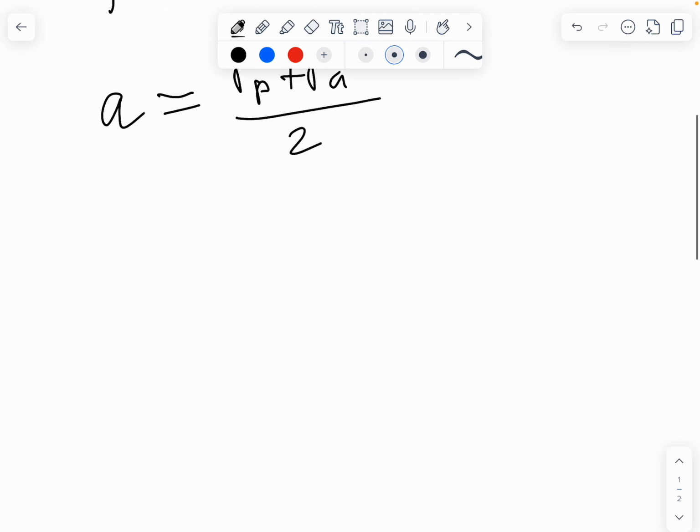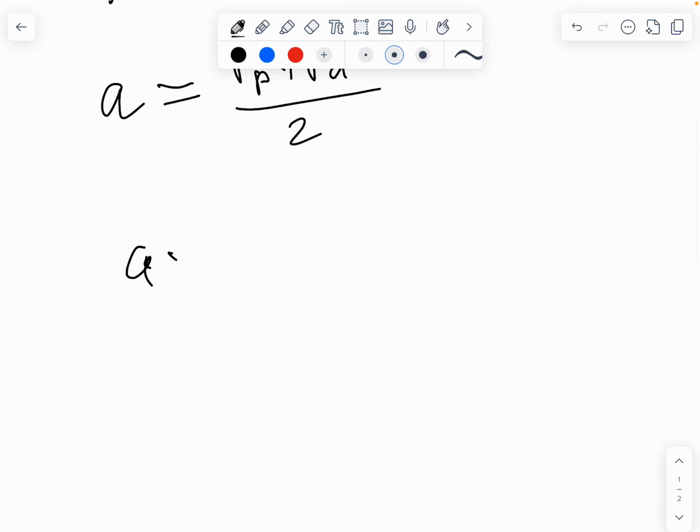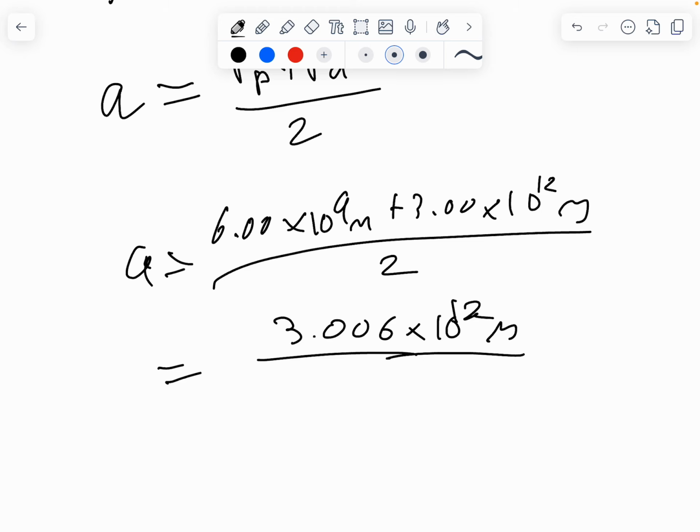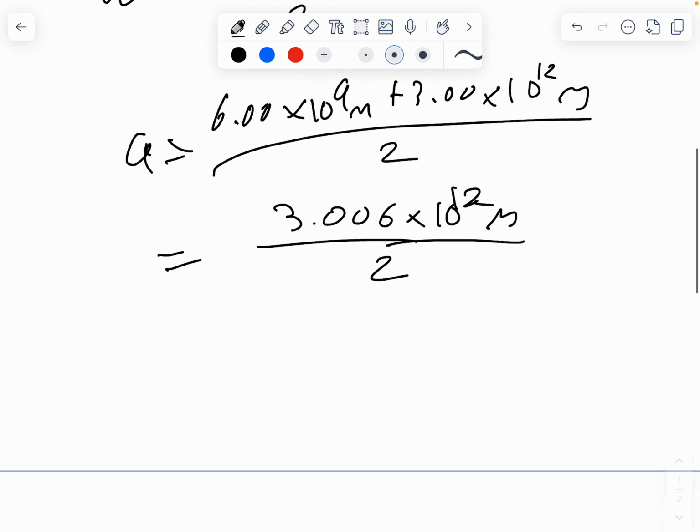So we're just going to set this up. It'd be A equals 6.00 times 10 to the ninth power m plus 3.00 times 10 to the 12th power m all over 2. That would equal 3.006 times 10 to the 12th power meters over 2.